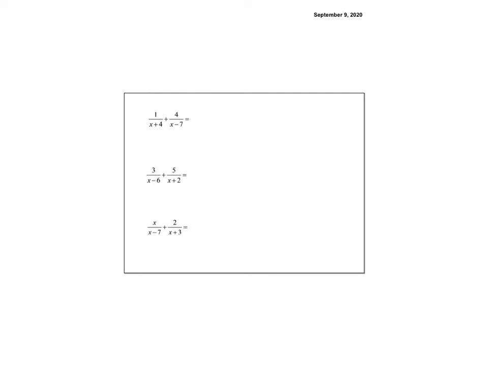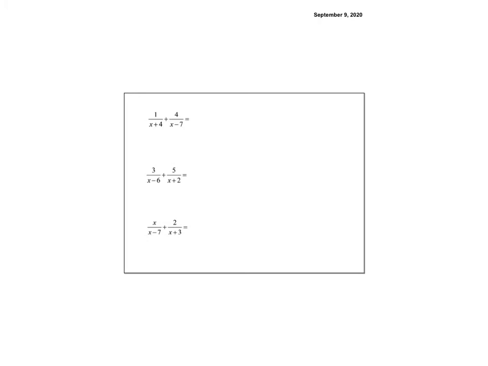All right, looking at our next ones, we need to get a common denominator. The first one has an x plus 4. The other one has an x minus 7. Remember what we did on the previous page to get a common denominator: we multiplied. Do those match?